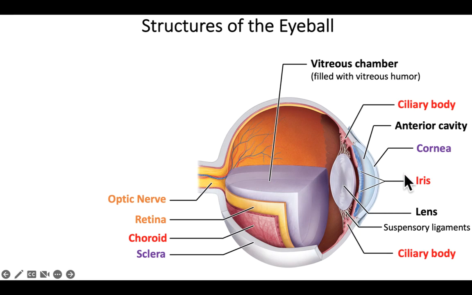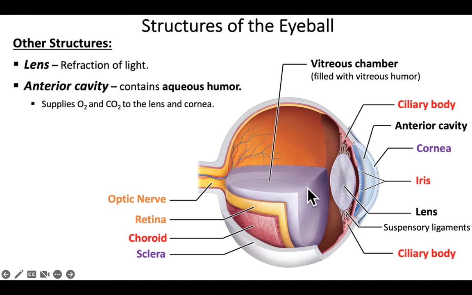So light has to travel through the cornea, through this anterior cavity, which contains the aqueous humor, through that pupil, which is a hole in the iris, through the lens, and then into the vitreous chamber, and then eventually hit the retina. So anything that light is traveling through needs to be transparent. So the cornea is transparent, all this aqueous humor is transparent, the lens is transparent, and the vitreous.